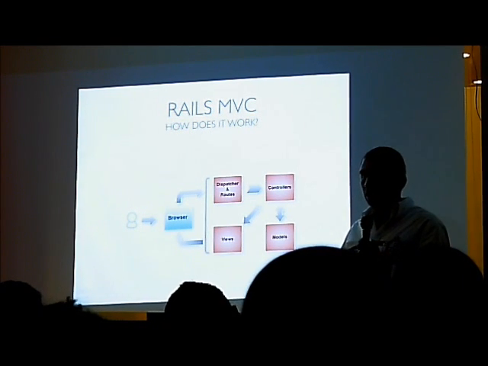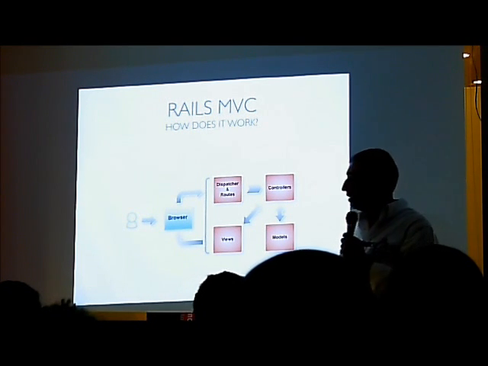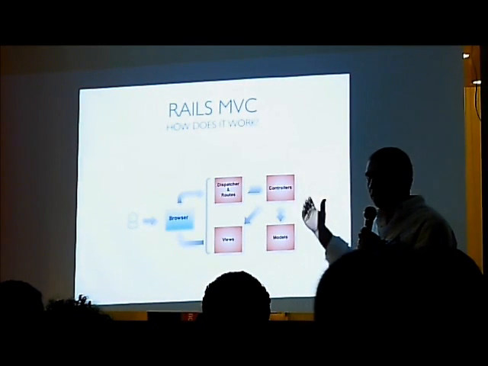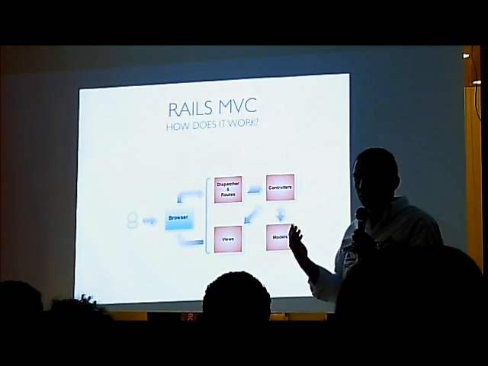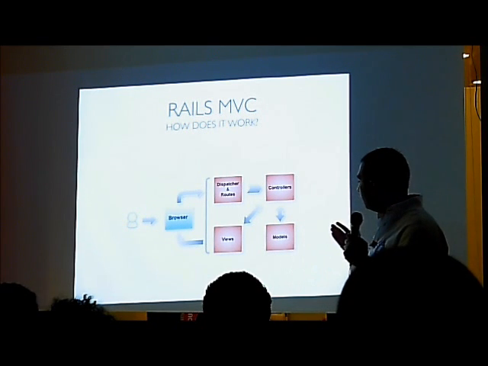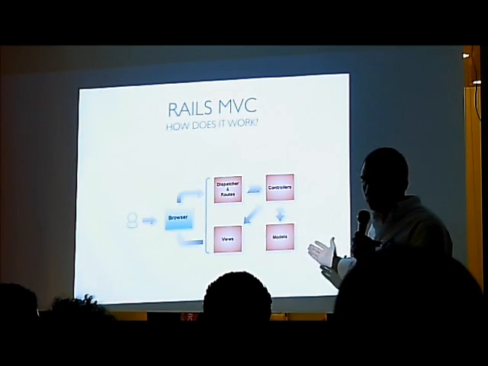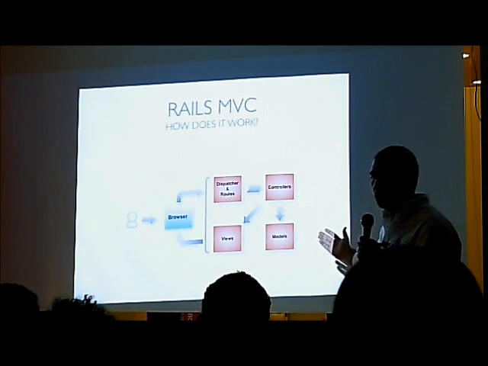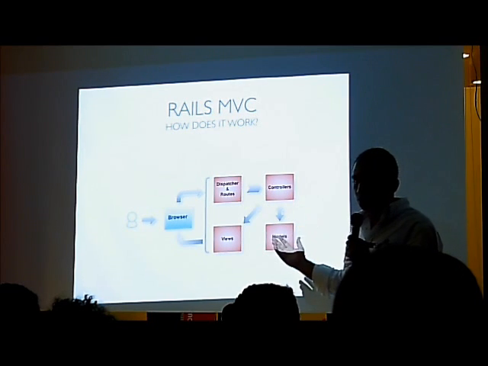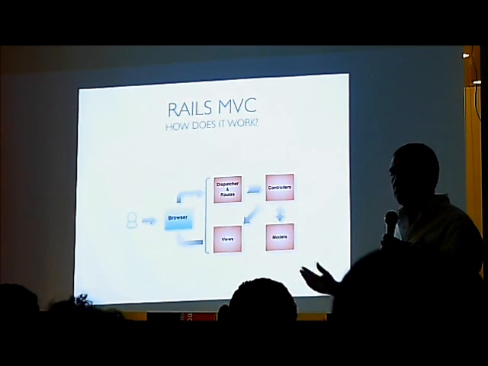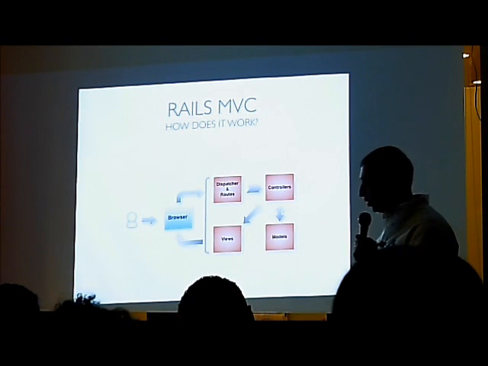From the URL, Rails knows where to redirect the user and which controller to pick. Then it goes to the controller, which finds out if the user needs to pull out information or store information in the database. This is handled by the model. Then it returns the results to the controller, which passes the results to the views, and again back to the user. So this is the loop of how Rails works.